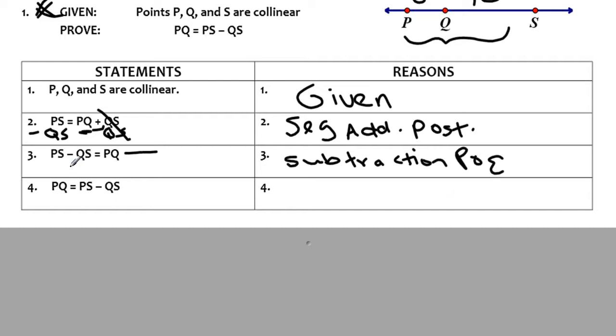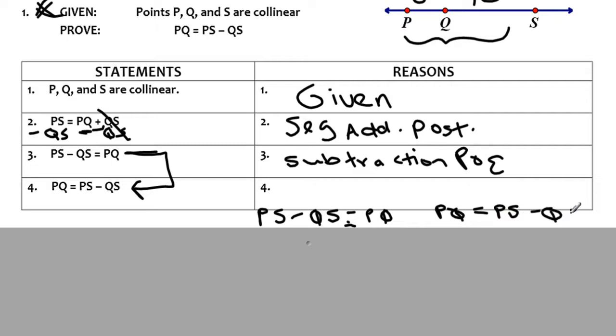Okay? And then from this statement to this statement, we virtually have the same exact thing. PS minus QS equals PQ, and PQ equals PS minus QS. So what they've done, and I'm going to write it down here, PS minus QS equals PQ, then PQ equals PS minus QS.